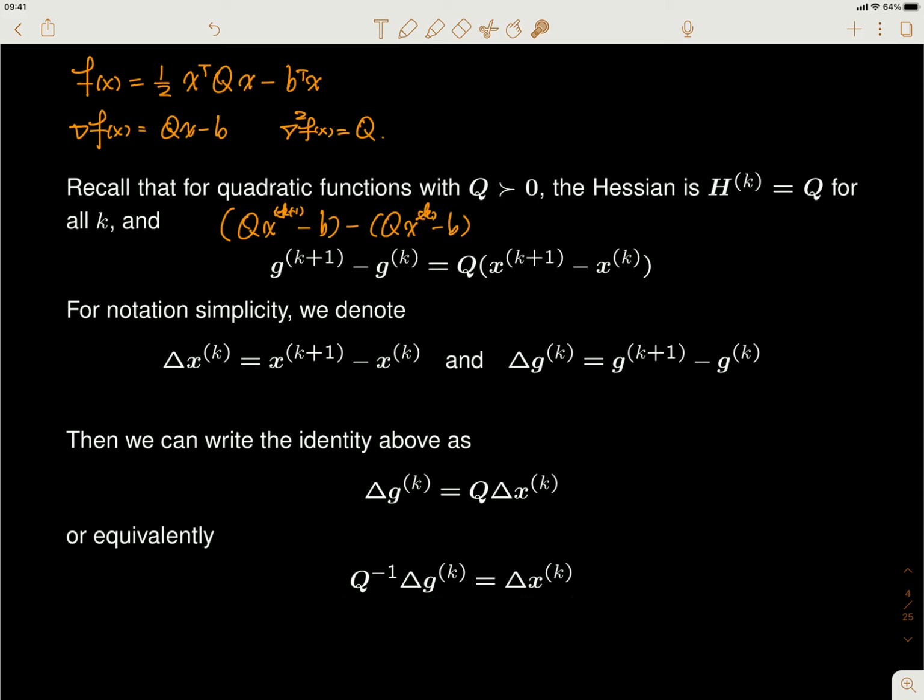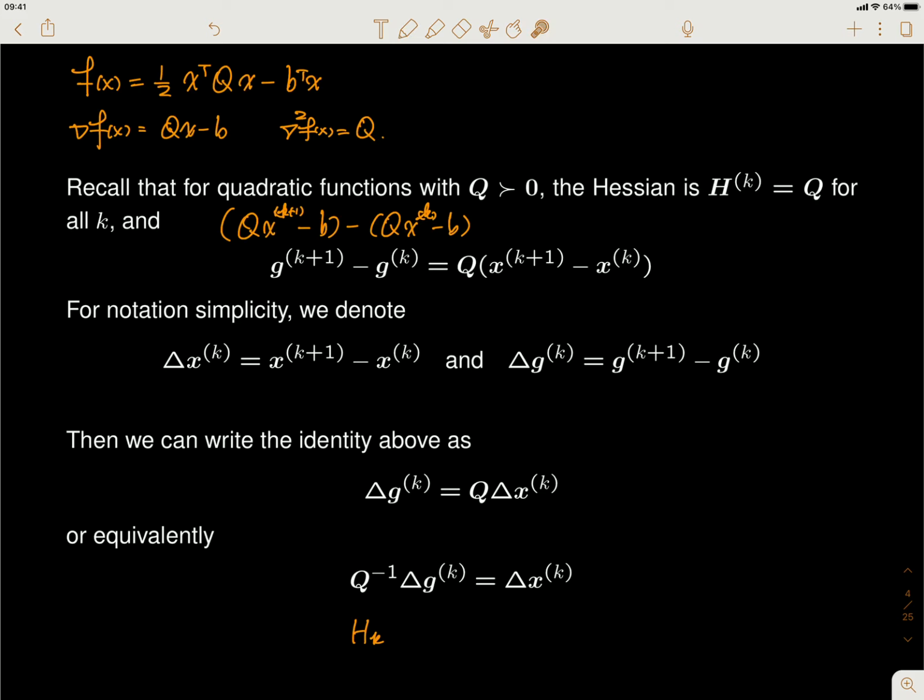Recall that hk in the Quasi-Newton method is trying to approximate the inverse of the Hessian, and we know the Hessian is just the constant Q. The hk here denotes the matrix we want to use to approximate the inverse of the Hessian, which is constant if f is a quadratic function.